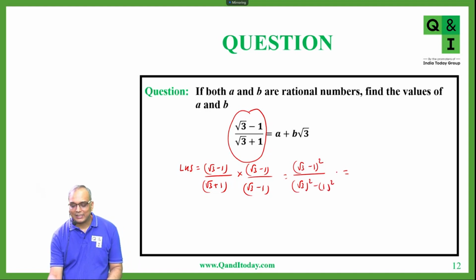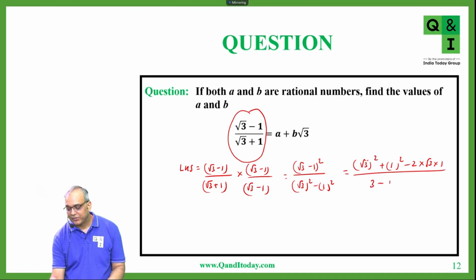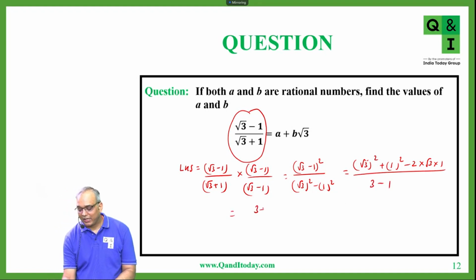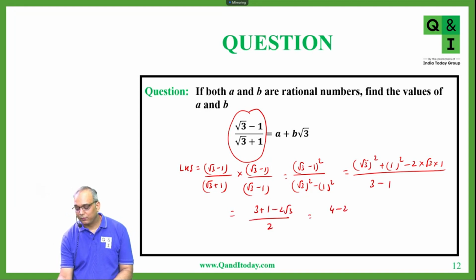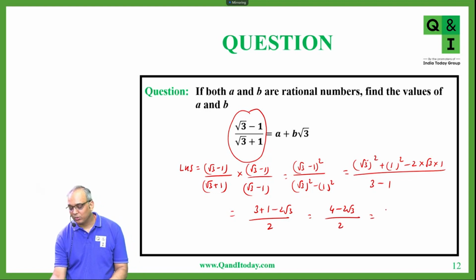Using (a minus b) whole square, that is root 3 square plus 1 square minus 2 times root 3 into 1, divided by 3 minus 1. So we have 3 plus 1 minus 2 root 3 over 2. This is 4 minus 2 root 3 over 2. Dividing by 2, you will get 2 minus root 3.